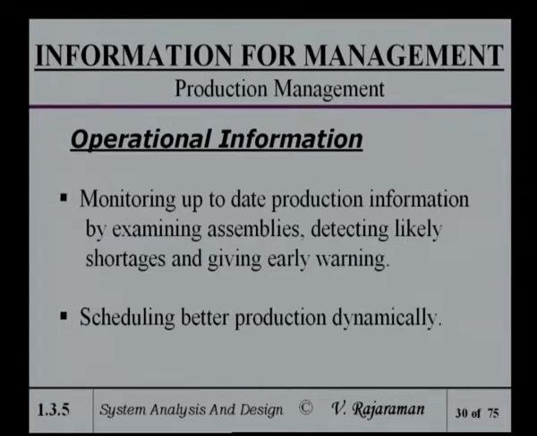And then the operational manager, the line manager who is in the production shop, has to look at what is happening day to day in terms of production information by examining assemblies, detecting likely shortages and giving early warning so that he can buy the items, and scheduling better production dynamically, because no company has an absolutely stable system.